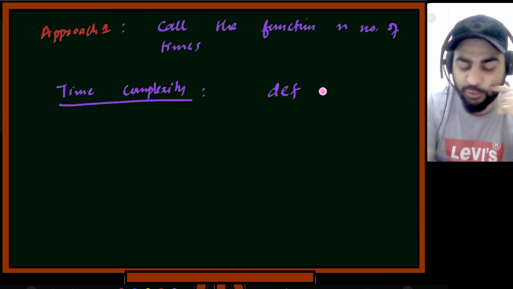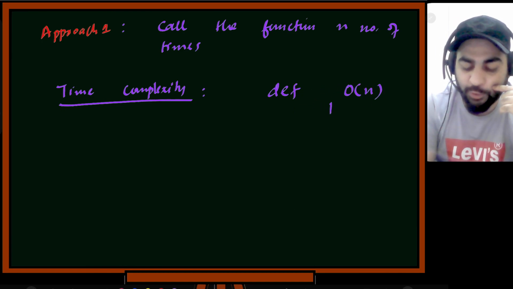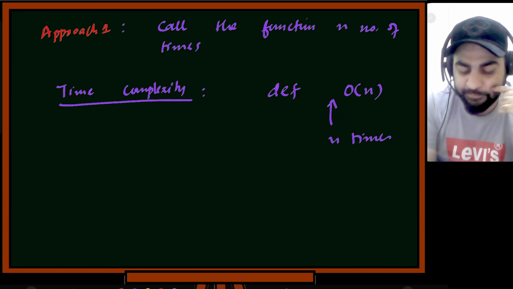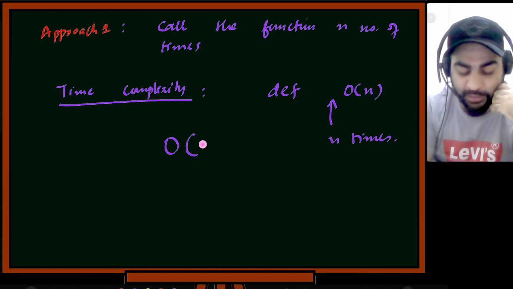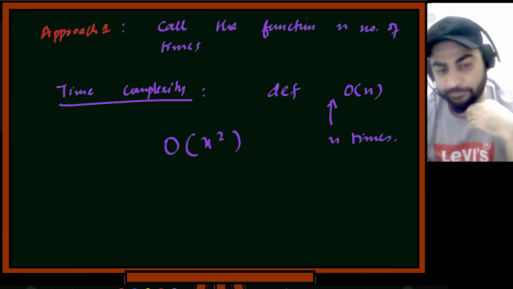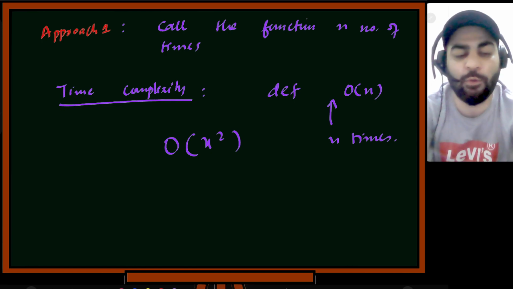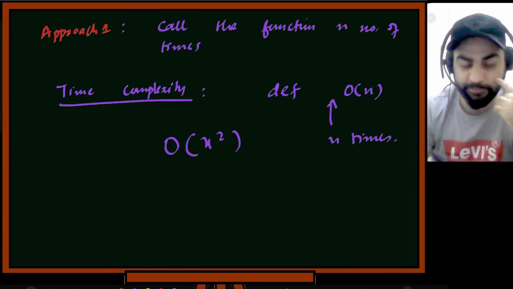That function call will take order n time, and you are calling this function n times. So what's the time that it will take? It will take order n square time. Do you see why it would take order n square time?